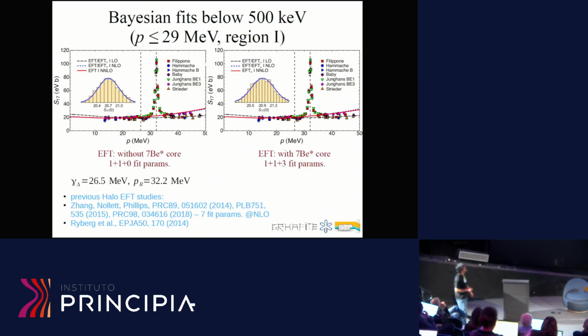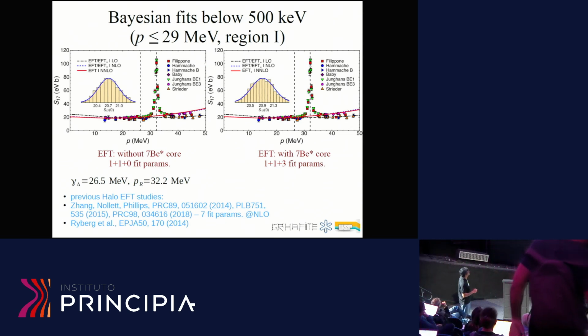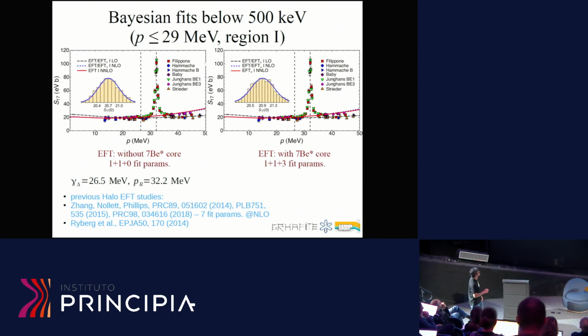We did Bayesian fits below 500 keV, and that's our result. Also, if you go a little bit higher in energy, we have to take into account this resonance. And that's fine, that's also incorporated in our formalism. But at very, very low energies, for extrapolation purposes, this resonance plays a very minor role, all right?